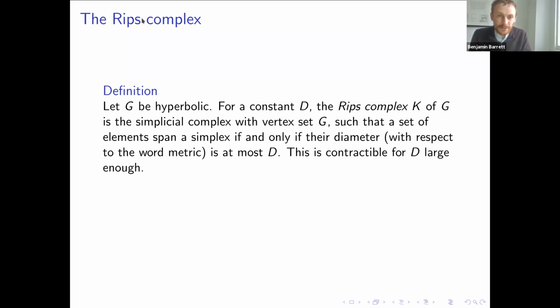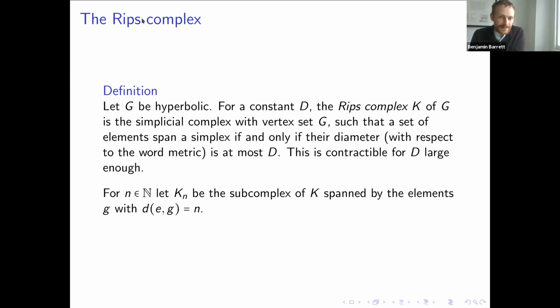It's particularly good when G is hyperbolic, in which case this simplicial complex is contractible as long as the constant d was big enough. So this is a nice way of building a contractible space on which the group acts. Now let K_n be the subcomplex of K spanned by just those elements whose distance from the identity element is n.